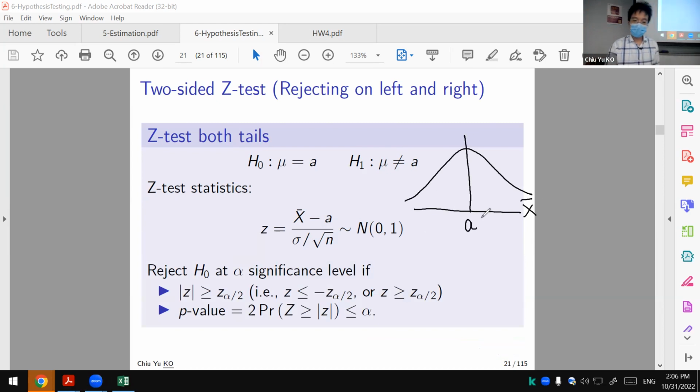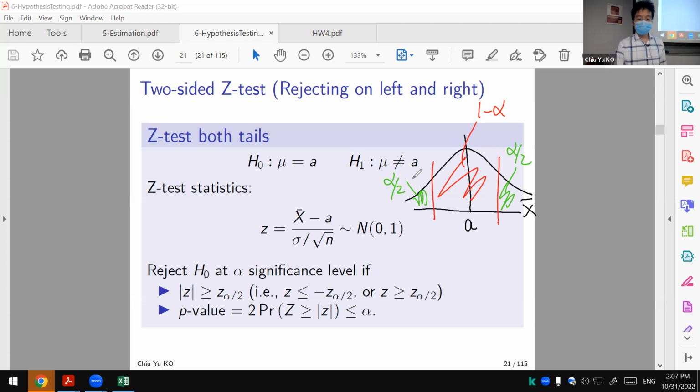But the idea is that you don't know whether the data can be left or right. That means you have to make, same as what we talked about, this is 1 minus alpha. You have to put alpha over 2 on both sides.